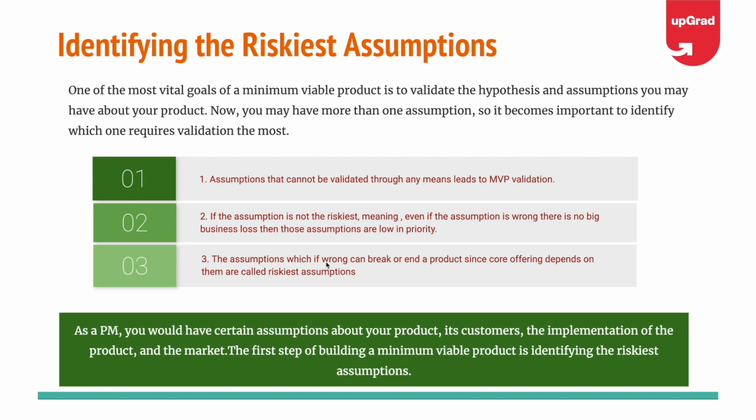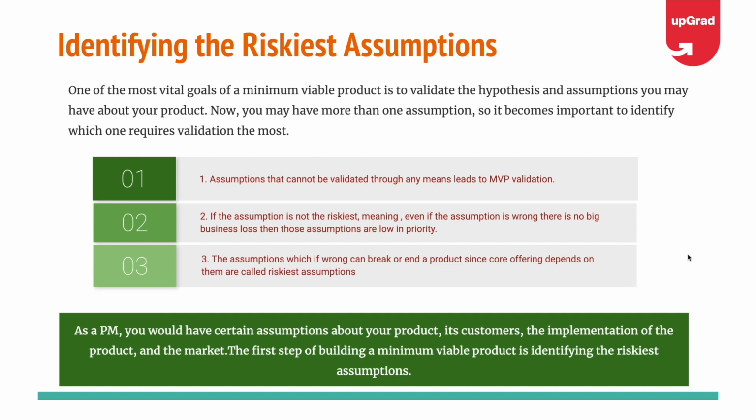There is no business. On the other hand, let us say they had one more assumption, that people need nice packaging when it is delivered after placing an order online. That's not a very big assumption, right? Let us say it's wrong. Nothing is going to happen. It's not going to affect their business. So you need to be able to recognize what is the riskiest assumption, which is essentially the assumption which, if wrong, is going to cause a huge business loss for you.